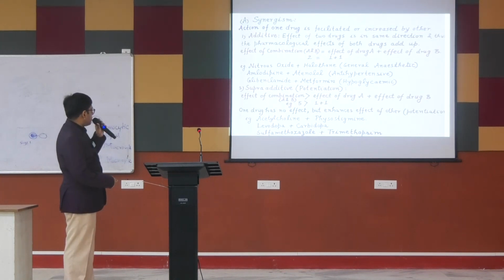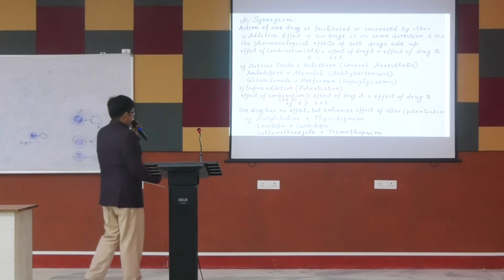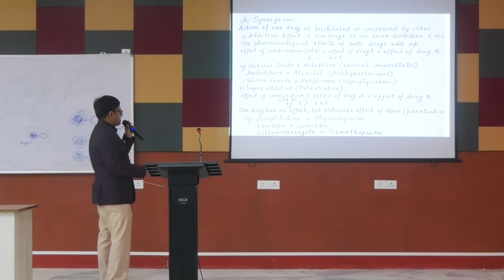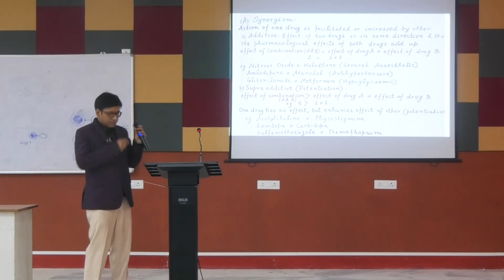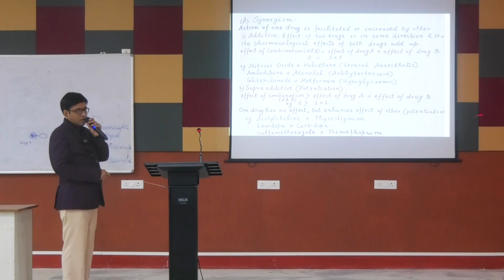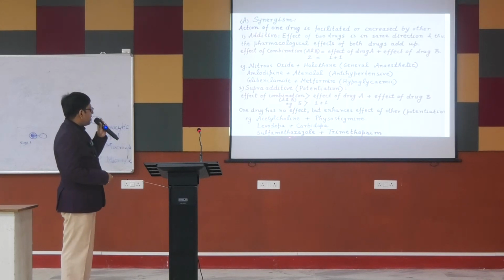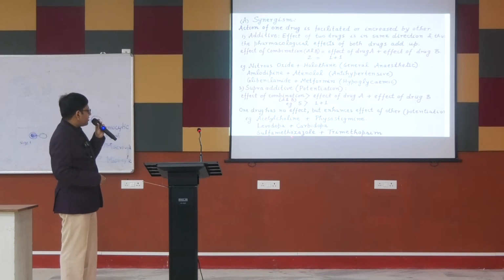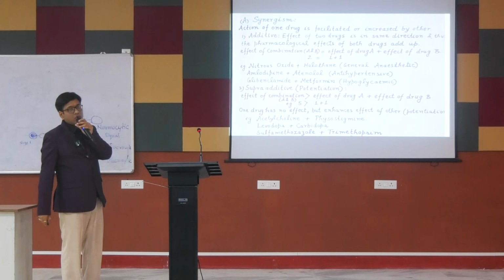The best example is, look at the third example, sulfamethoxazole and trimethoprim. These are two antibiotics that are taken together in combination. Sulfamethoxazole alone and trimethoprim alone, if you add up their effects, when they are taken together, their effect is much more.